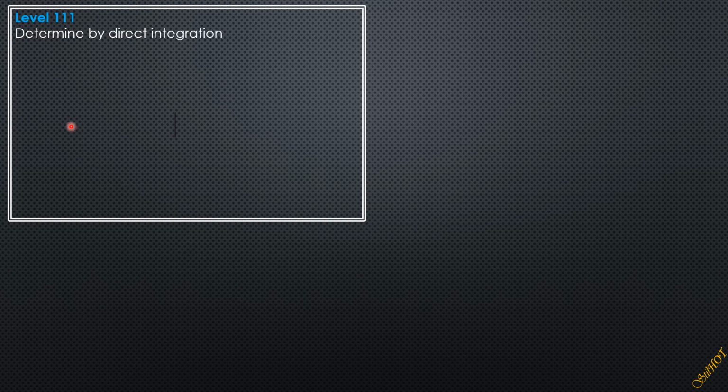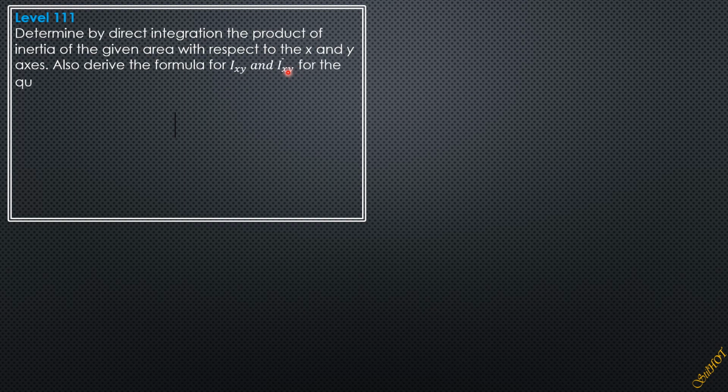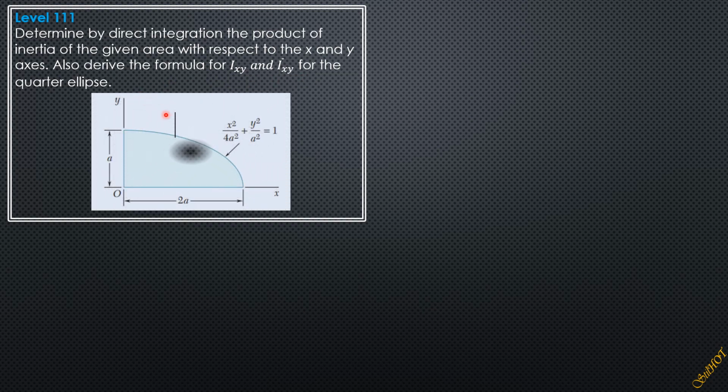Level 111, determine by direct integration the product of inertia of the given area with respect to the x and y axis. Also derive the formula for Ixy and I bar xy for the quarter ellipse. So here is the given figure for our solution. Let's consider a vertical strip.